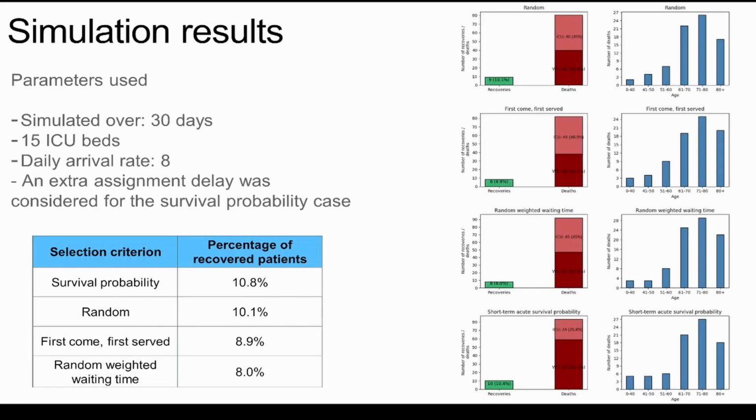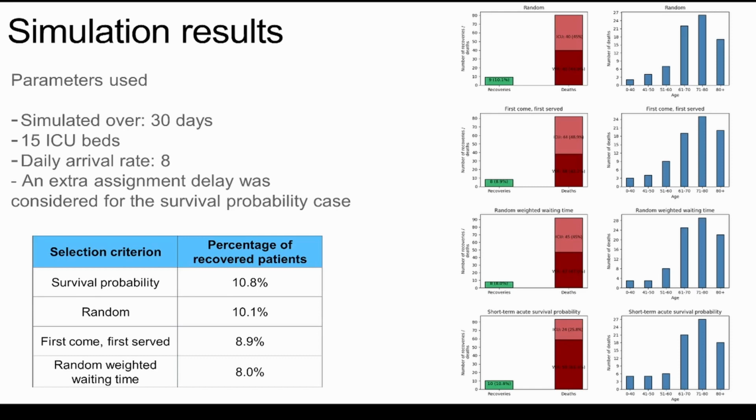For this simulation, the only thing we changed with respect to the previous one is that we now consider an extra assignment delay in case the physicians take the survival probability as selection criterion. We do it in such a way that for every patient in the waiting room, the physicians need an extra 30 seconds to assess the survival probability and decide which patient will get assigned to which ICU bed.